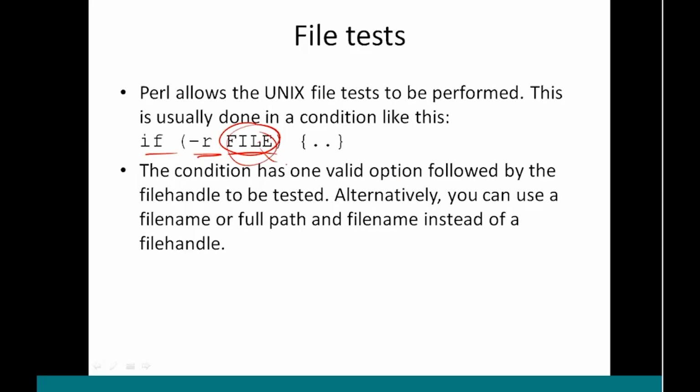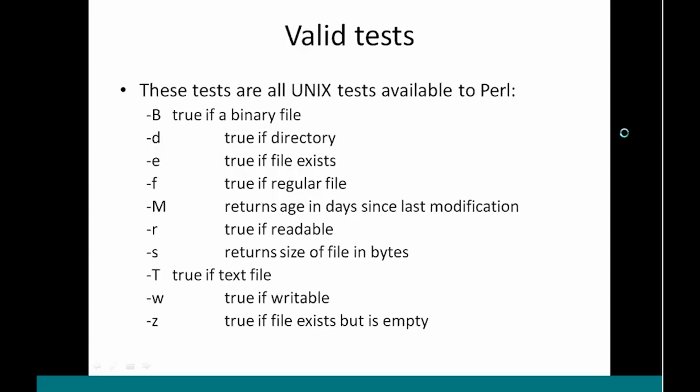The read only test checks whether this particular file handle is a read only file, and this condition has one valid option followed by the file handle to be tested. Alternatively, we can use a file name or a full path of the file name instead of the file handle. So we are not restricted to just using the file handle; we can also use the full name of the file.